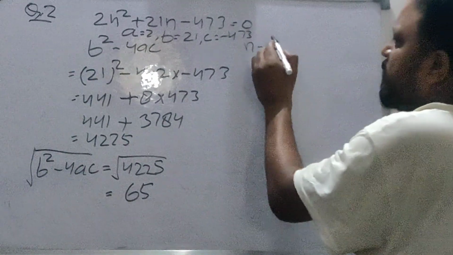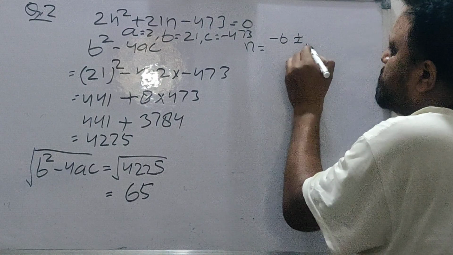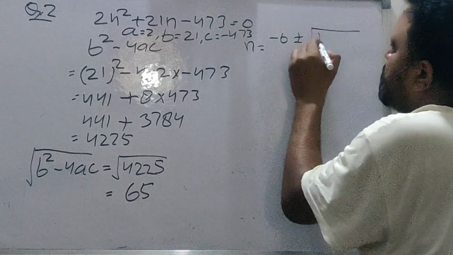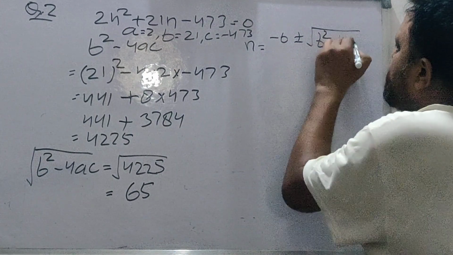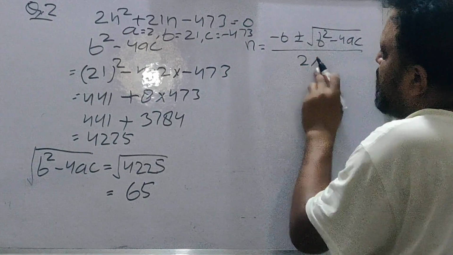So n is equal to minus b plus minus square root of b square minus 4ac upon 2a.